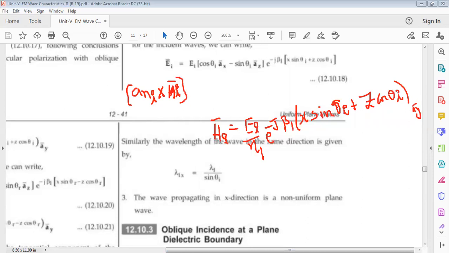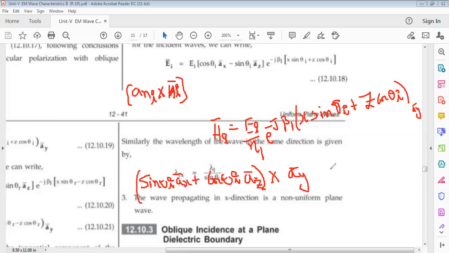AY bar is cross multiplied here with ANI. What is ANI? We got ANI equal to sine theta I into AX bar plus cos theta I into AZ bar, not AY. Apply the cross product here with AY bar.